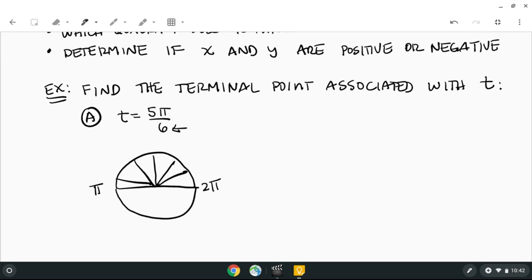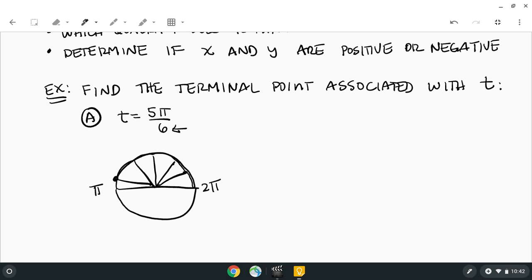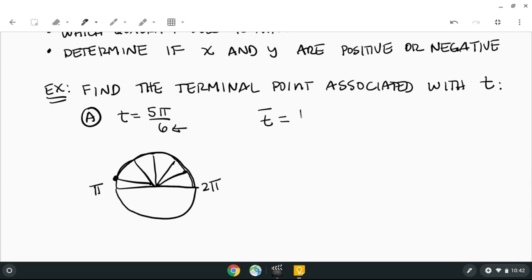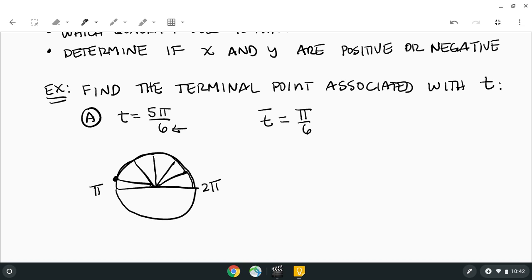And 5 pi over 6, so I go 1/6, 2/6, 3/6, 4/6, 5/6. So I am right over here. My reference number is pi over 6, and that's one of the ones you have memorized.